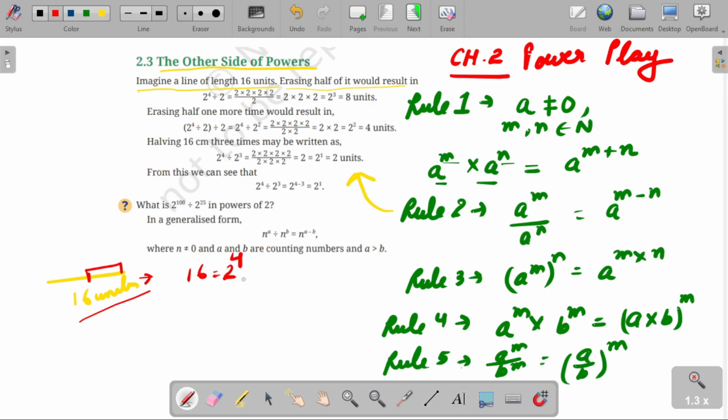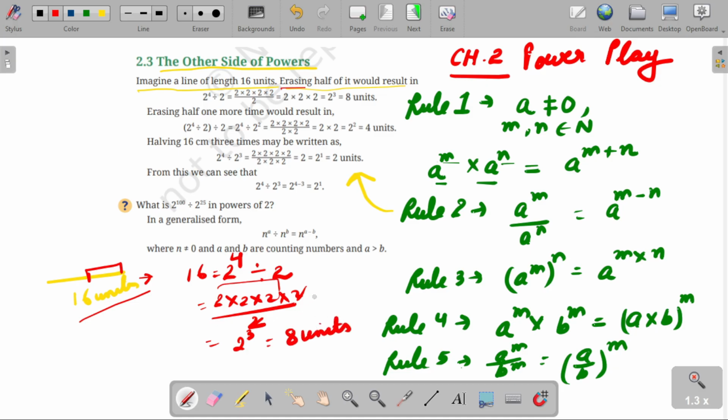Erasing half means dividing by 2. So let's solve it: 2 cross 2 cross 2 cross 2 upon 2. One 2 will be cancelled and you are left with three 2's. The answer will be 2 cubed, that is 8 units.